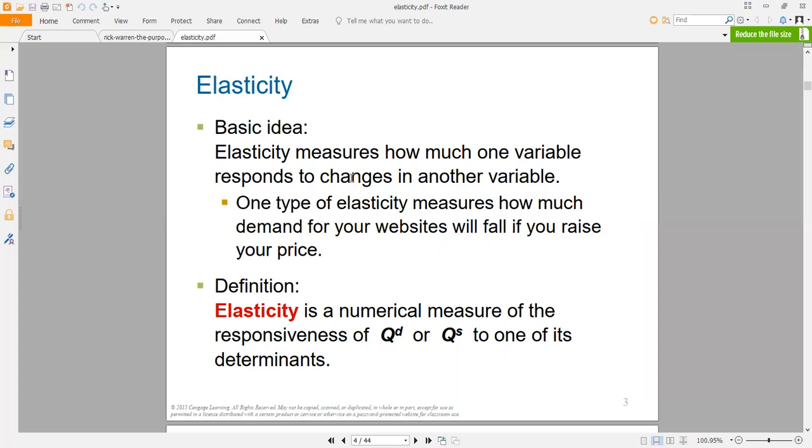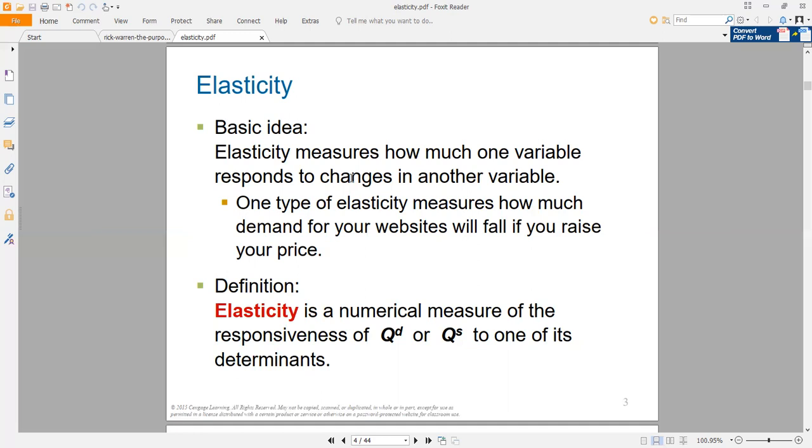So when we talk about elasticity of demand, then we are talking about how quantity demanded will respond to changes in price. So here the two variables are quantity demanded and the price of the commodity. So price elasticity of demand means how will quantity demanded respond whenever there are changes in price?